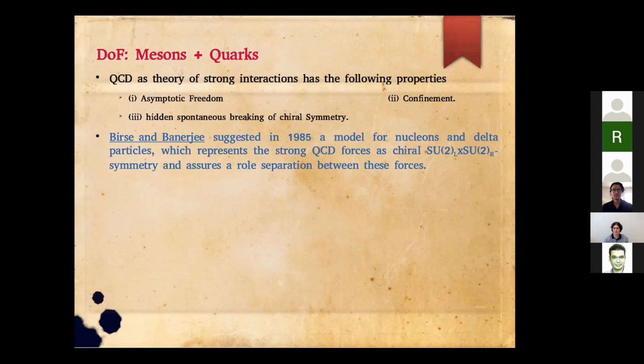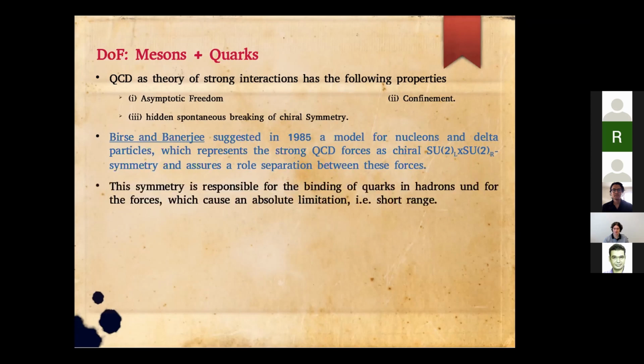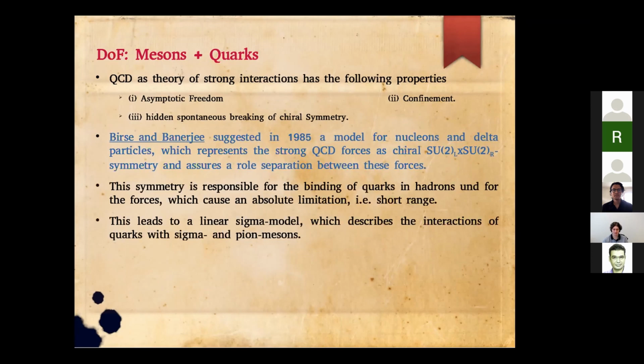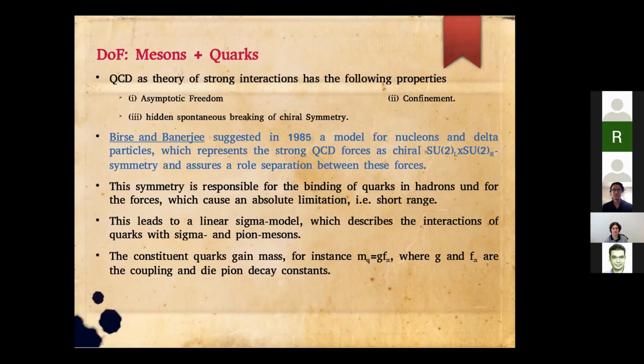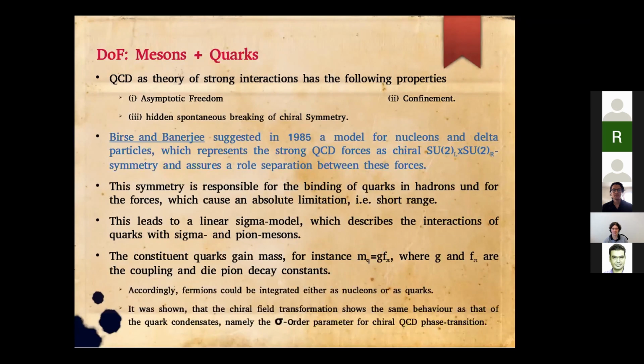This goes back to the 1960s, when the quarks were also included in the original linear sigma model, when colleagues understood that this model can describe the interaction of the quarks, and most importantly that the constituent quark gains mass like this, m_quark equals some coupling multiplied by the pion decay constant. Accordingly, the fermions could be included either as nucleons or as quarks.